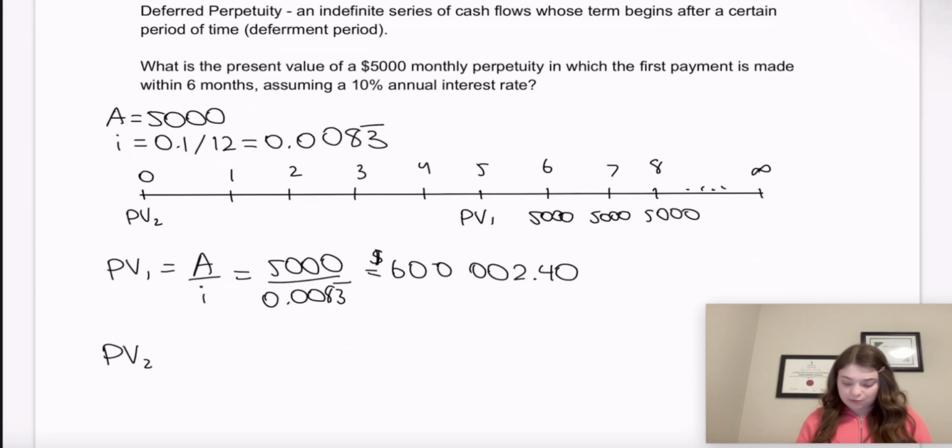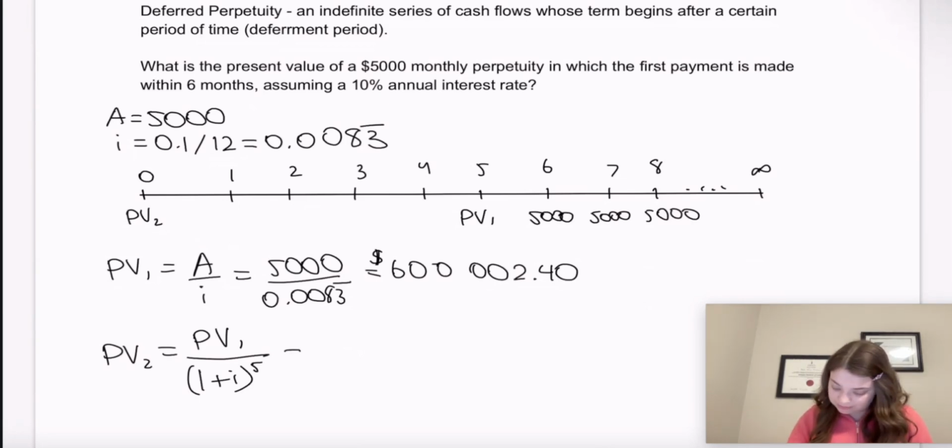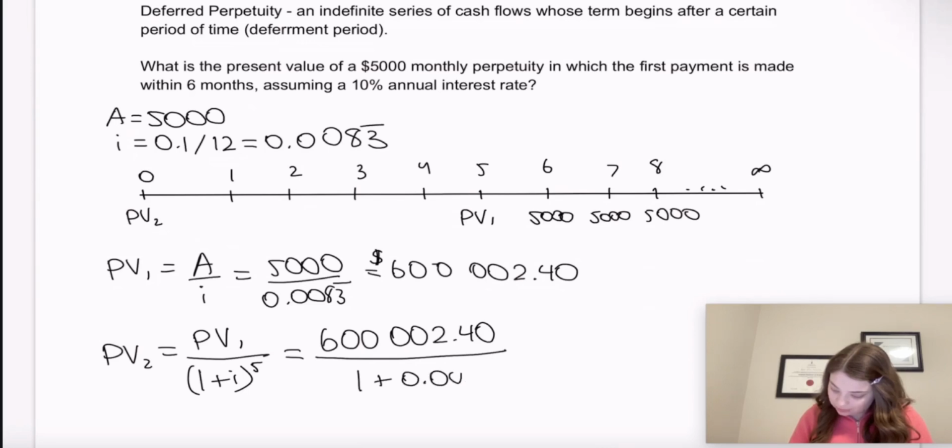So PV2 is going to be equal to PV1 over 1 plus I, to the power 5, because this is going to have 5 months to grow before we start actually getting payments from this perpetuity. So that's going to be $600,002.40 technically, over 1 plus 0.0083 repeating to the power of 5.